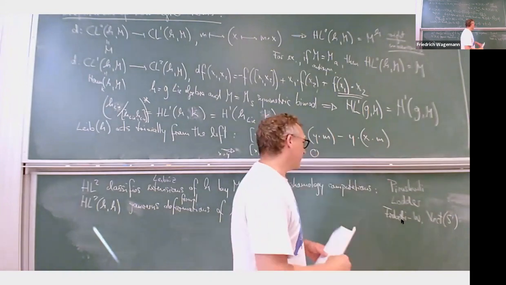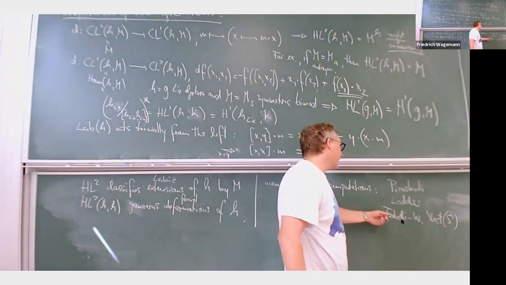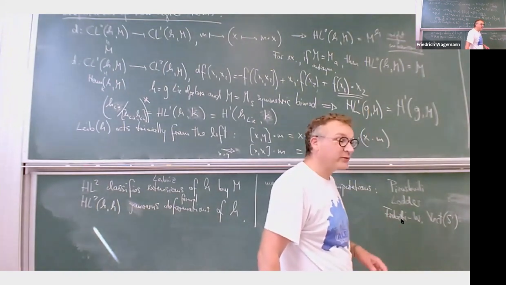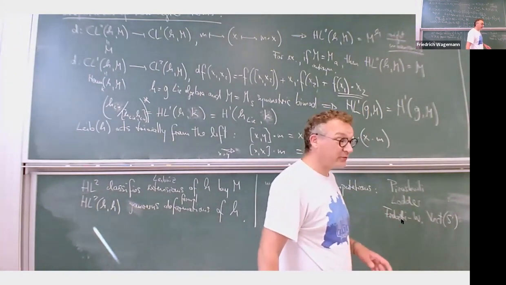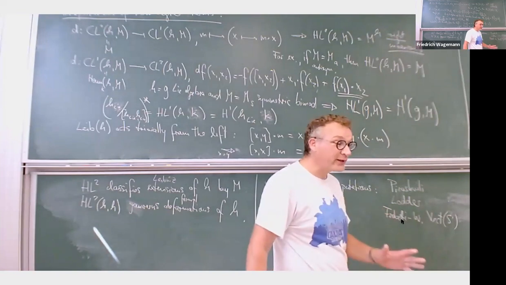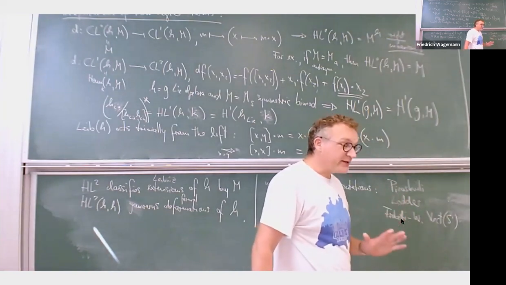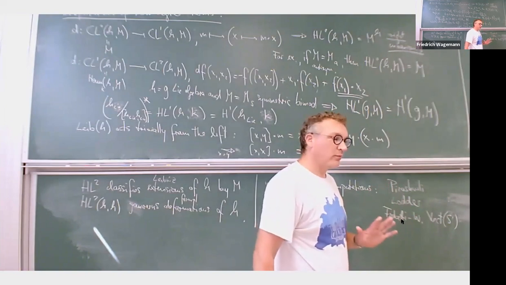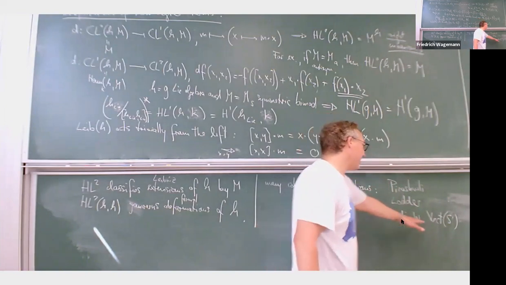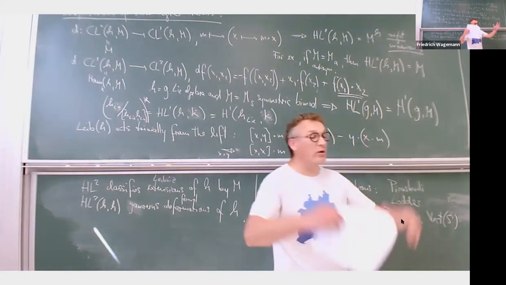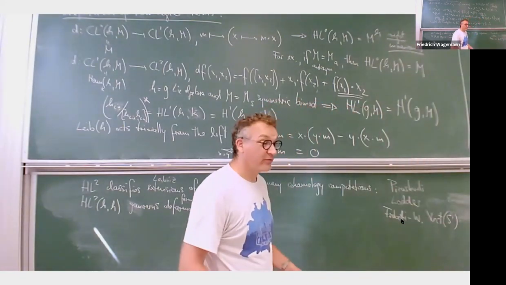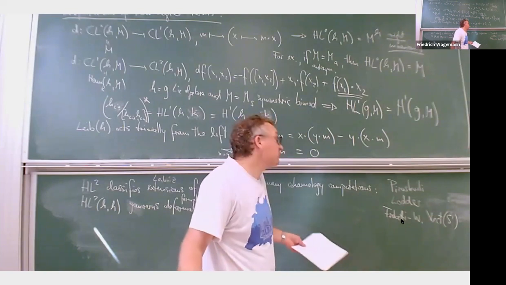So this is a very complicated computation, and actually we couldn't do it up to the end. We only managed to compute the diagonal of the Leibniz cohomology of Vect S^1. The whole Leibniz cohomology is much bigger, and for the moment, to my knowledge, unknown.